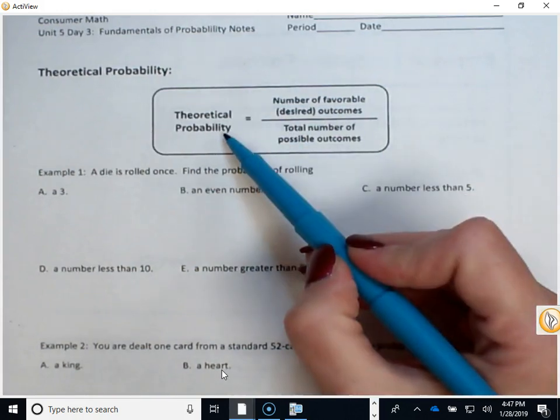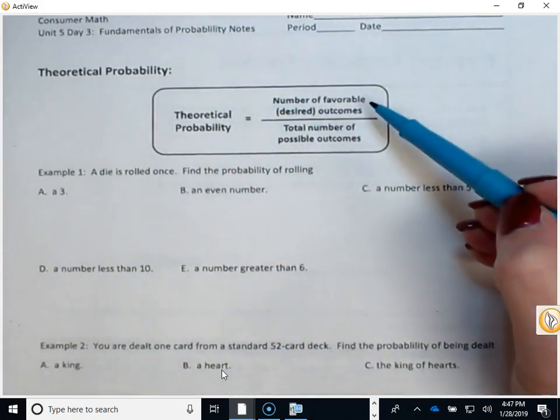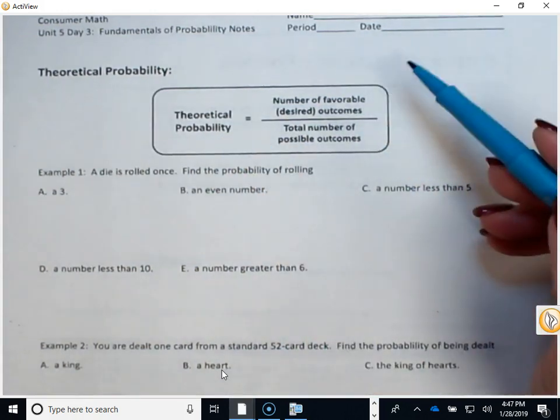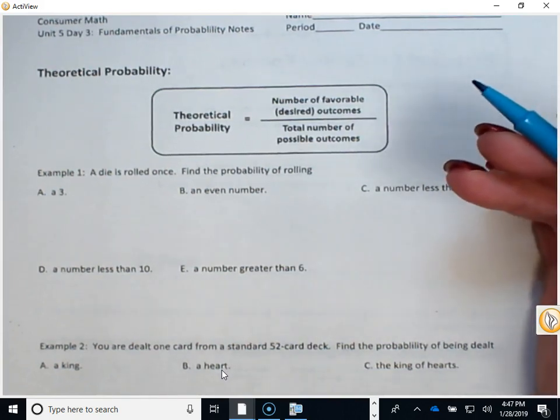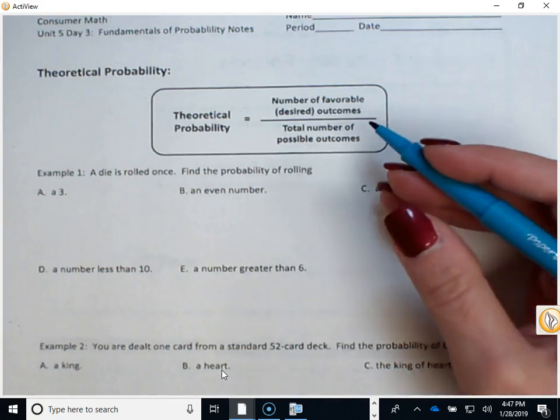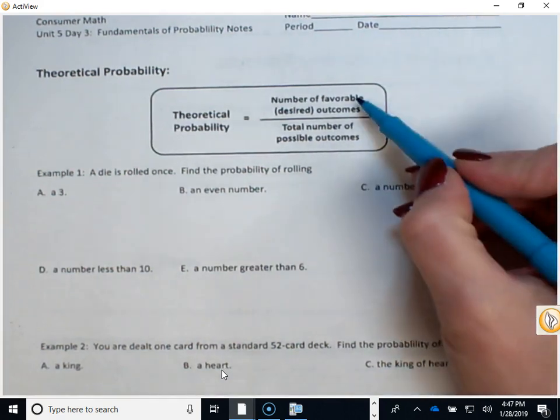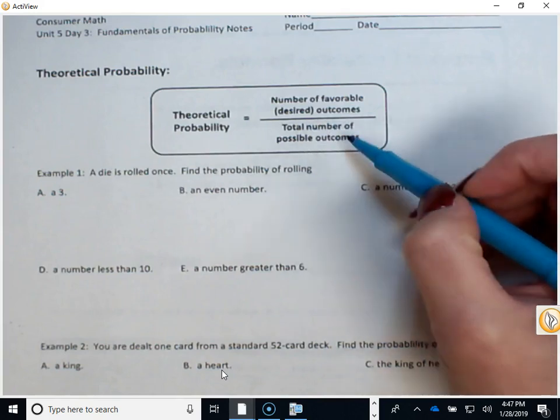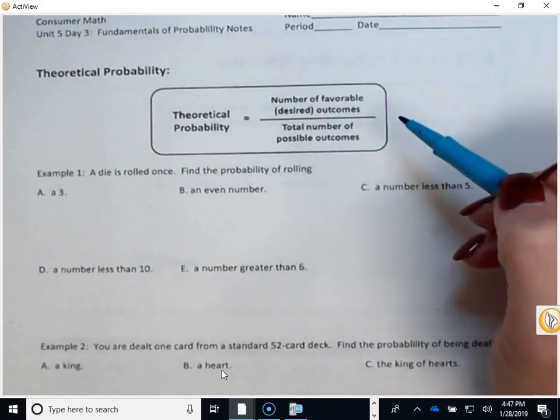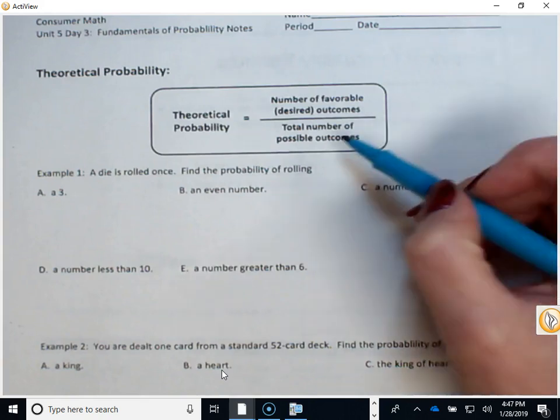Now when you're talking about theoretical probability, you want to put in the numerator the number of desired outcomes. So how many 3s are on a die? Well, there's only one 3. So that one would go up top in the numerator. For the denominator, it says what's the total number of possible outcomes? Well, on a die, there's 6 possible sides. It's 1 through 6. So the 6 would go on the bottom.